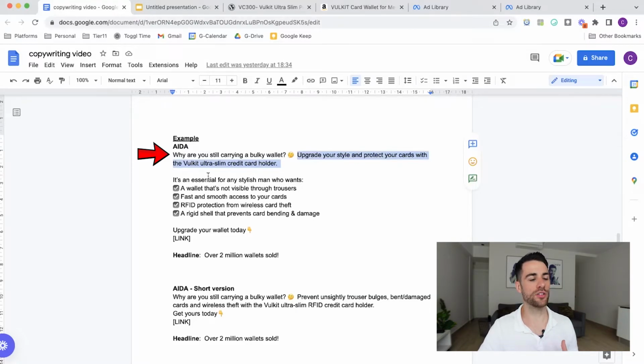And then we move on to the desire phase. So you could just jump straight in with these. These are all benefits, and I've ticked them off in the same style that the competitors had been using with the ticks, but I've added this little thing to introduce it. So it's an essential for any stylish man who wants. So I'm basically saying, it's like psychology. I'm getting you to qualify.